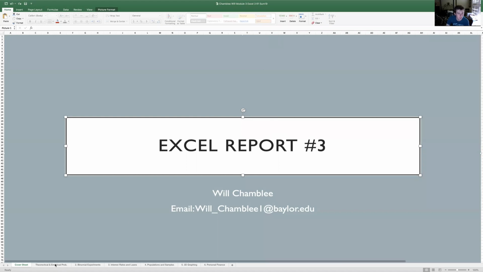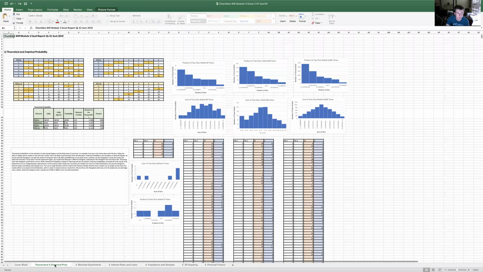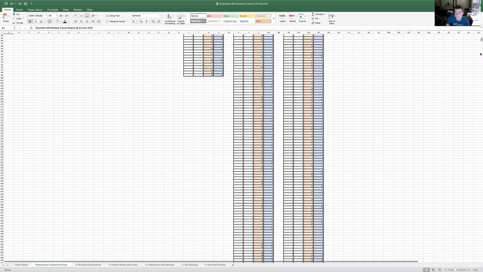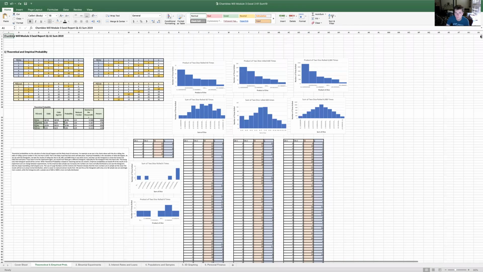Let's get into it. Starting off with theoretical and empirical probabilities. So we took the theoretical probability here, which simply put is the calculation of the likelihood of outcomes, while empirical probability is taking the results of an experiment and showing the probabilities based on that.